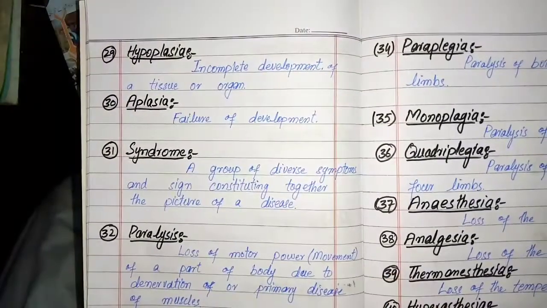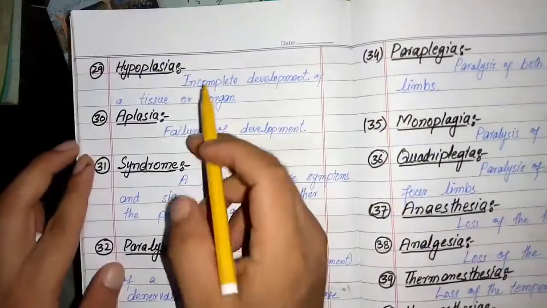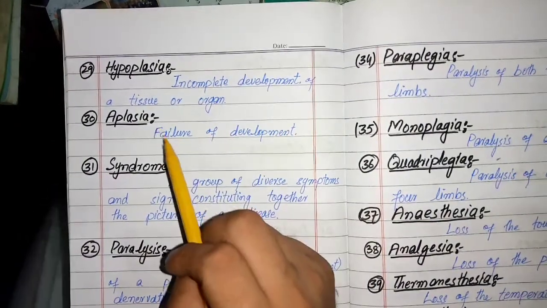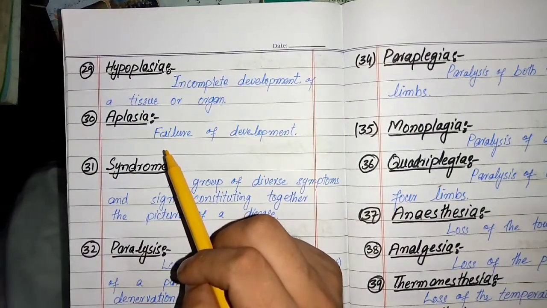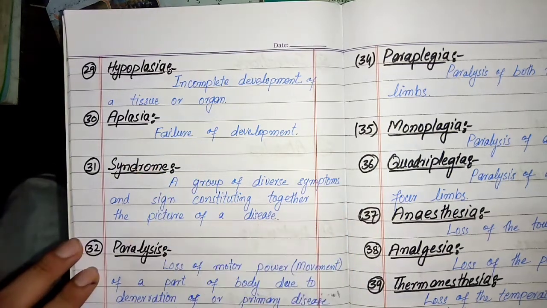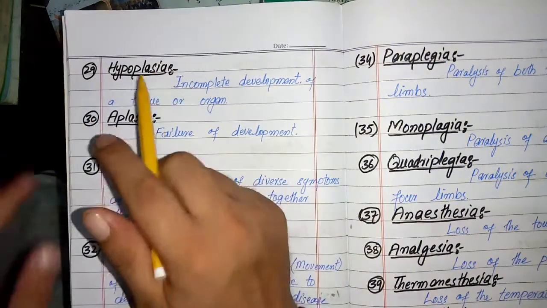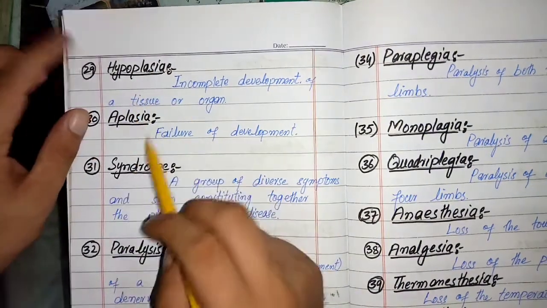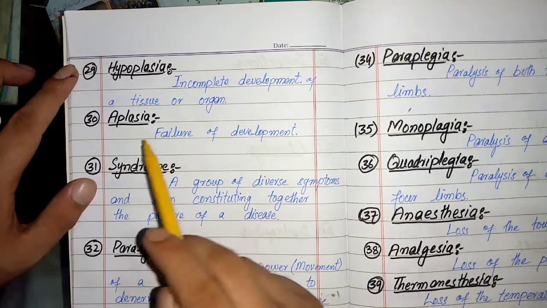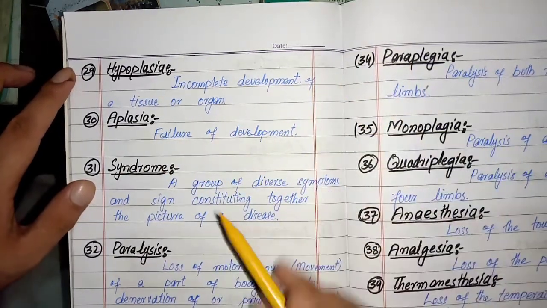Another term here is hypoplasia. So what is hypoplasia? Hypoplasia is incomplete development of a tissue or organ, whenever the organ or tissue is just incompletely developed. This condition is called hypoplasia, right? Aplasia: a means not, and plasia means growth. So aplasia is the failure of development, right?